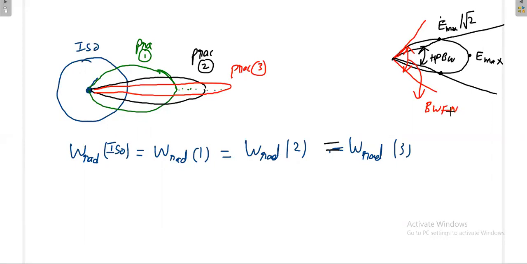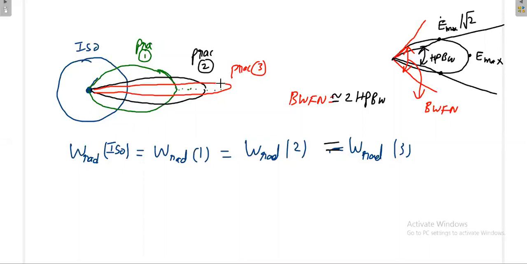In general, the beam width between the first null is equal to 2 times the half power beam width. In general, I am telling, not necessarily always true. Sometimes it may fail, but in general, beam width between the first null is 2 times the half power beam width.